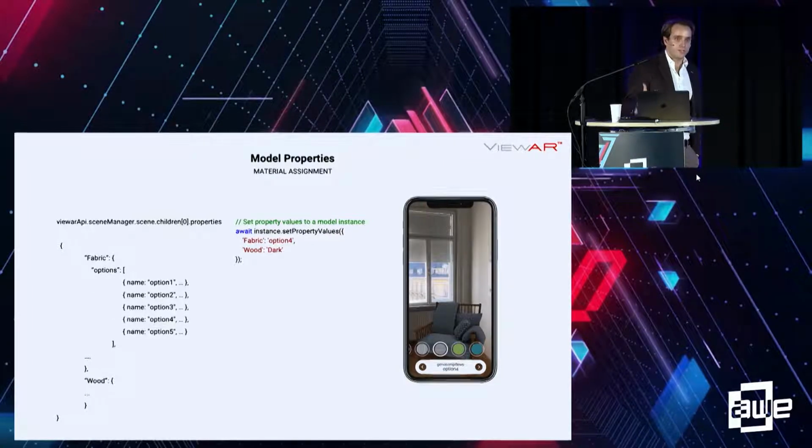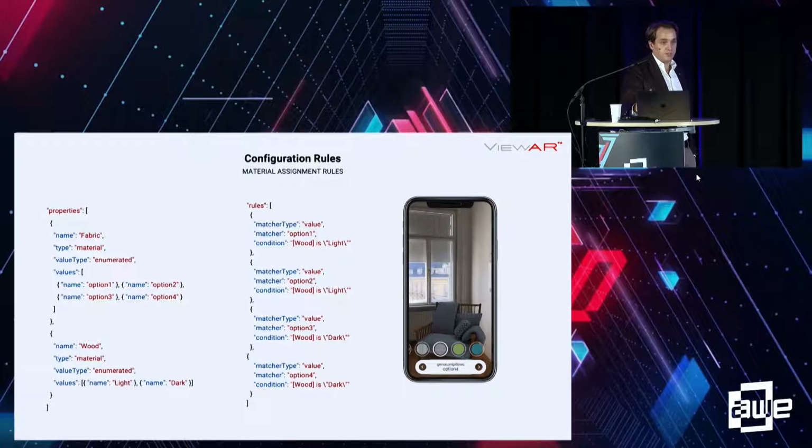And then our engine handles the download of the resource, handles the material switch, even on multiple surfaces, and also comes with the ability of so-called configuration logics. So you can, in fact, define rule sets saying these color options should only be available under those circumstances. And then our system will pick a version that works.